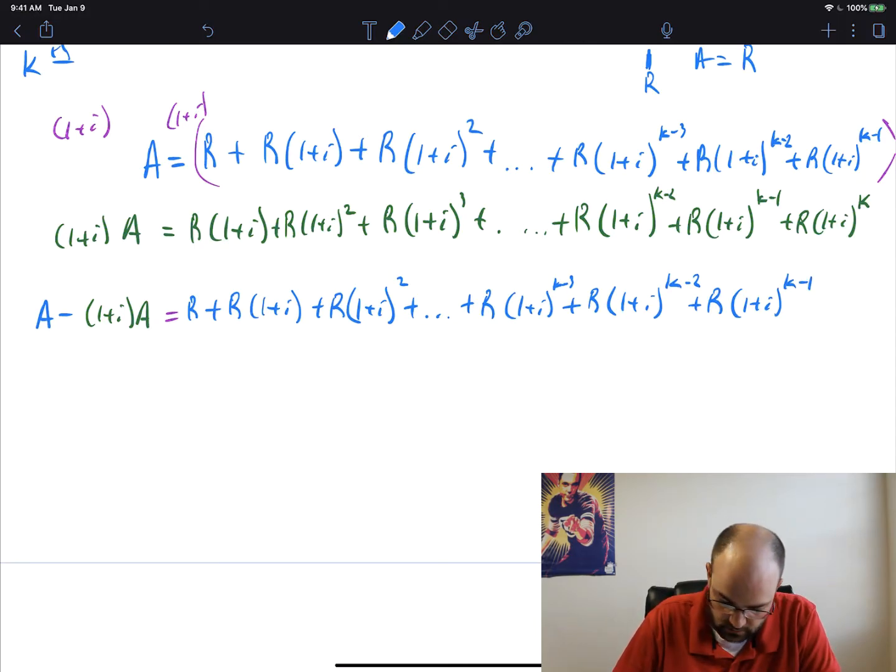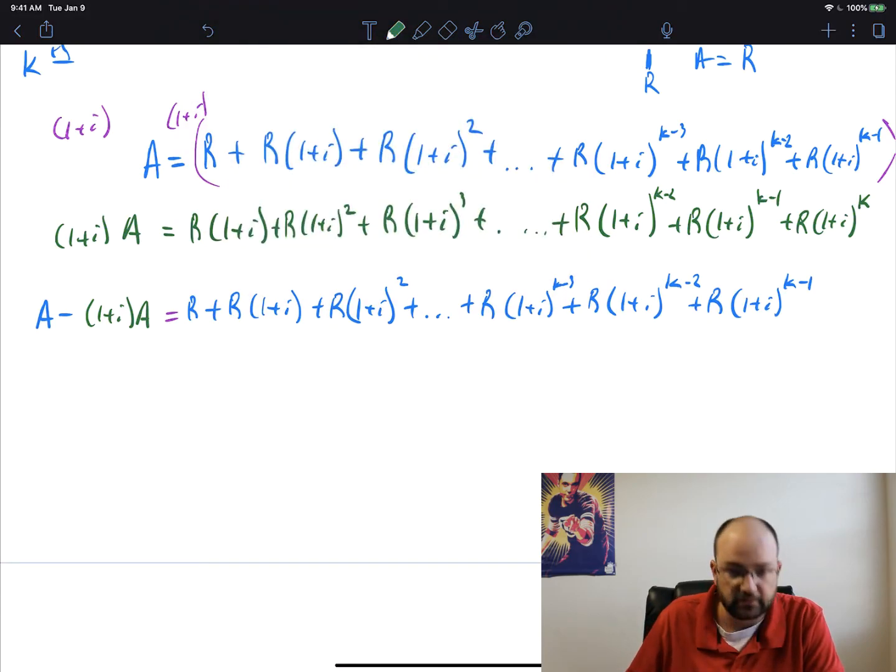Now, let's look at the green portion. We're going to subtract off the entire green portion. And notice that we have R times 1 plus I. I'm going to put that underneath the R times 1 plus I here.